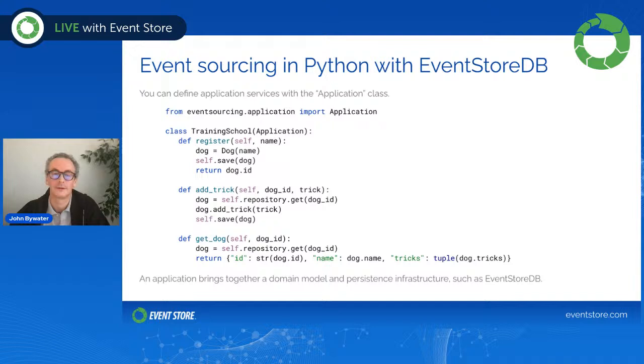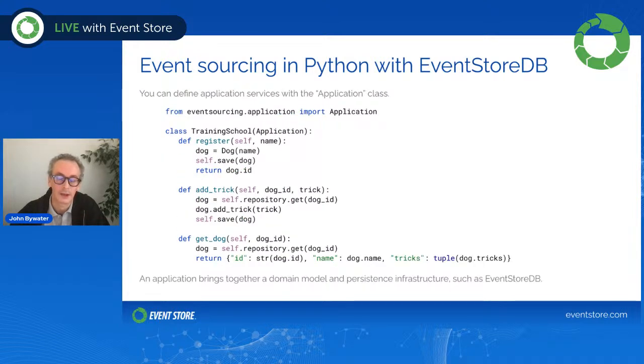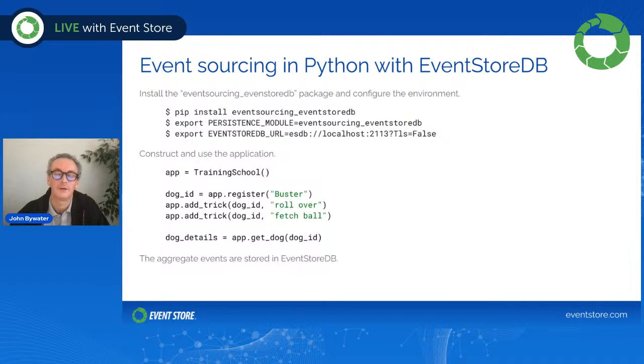So that's the domain model dog with an application which uses the aggregate and allowing an interface to call into the application. And then to use this with EventStoreDB, all we need to do is install event sourcing EventStoreDB.